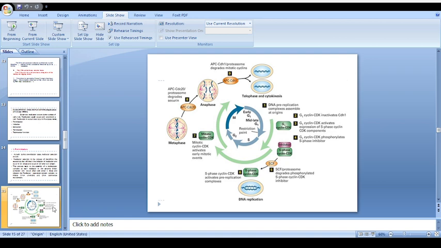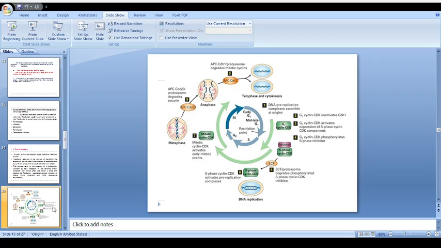Then, in the fourth step, G1 cyclin CDK phosphorylates the S phase inhibitor. Then in the fifth step, the SCF proteasome degrades the phosphorylated S phase cyclin CDK inhibitor, and the S phase cyclin CDK activates, and the pre-replication complexes are formed for the process of DNA replication in the synthesis phase.